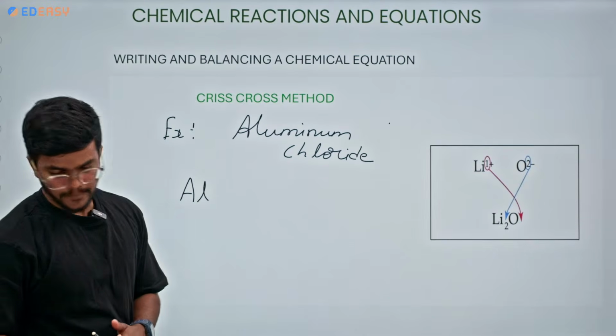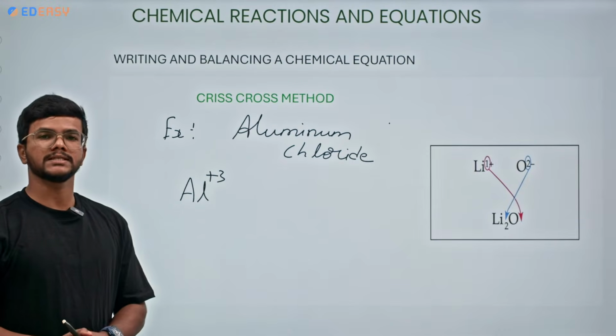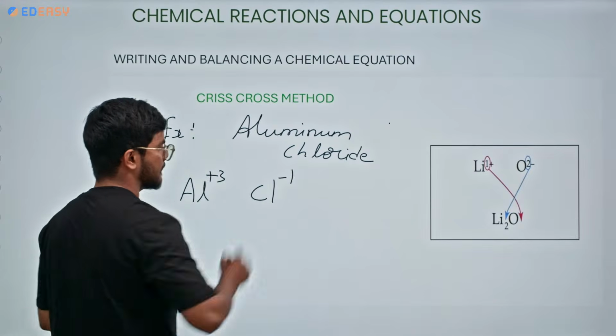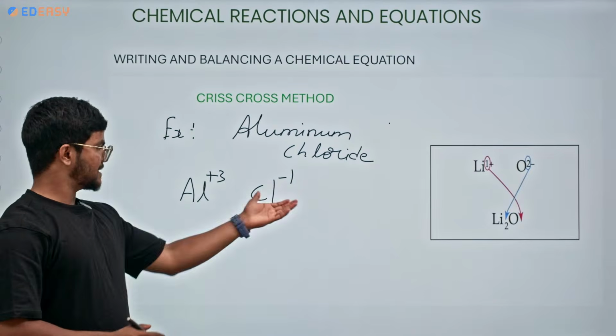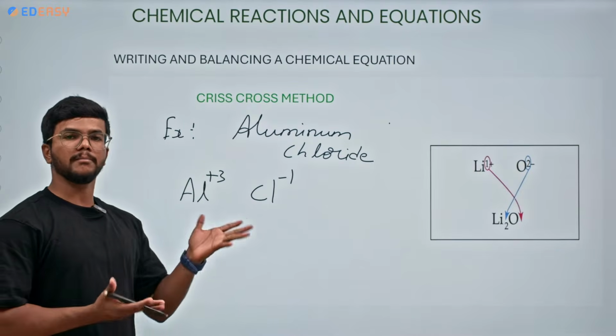Aluminum charge is plus 3. Very good. Aluminum charge is plus 3, whereas chlorine charge is minus 1. So here the charges are not the same. Here plus 3, minus 1. So how can they make the bond?